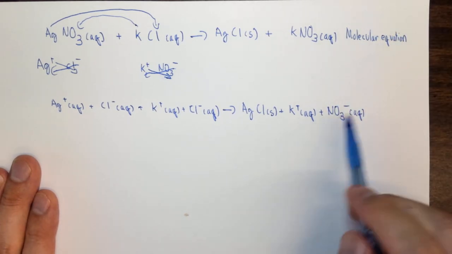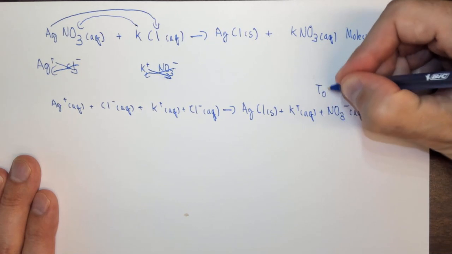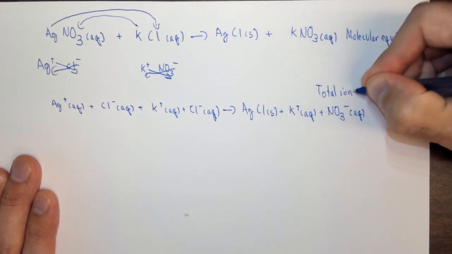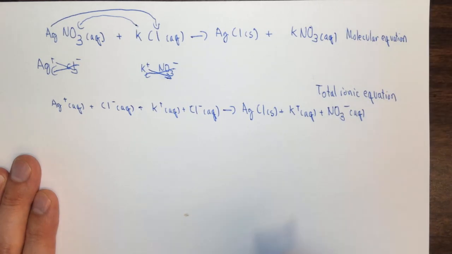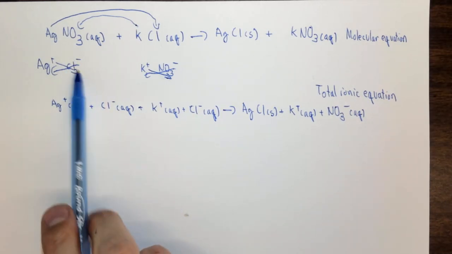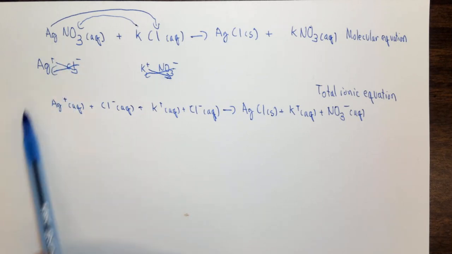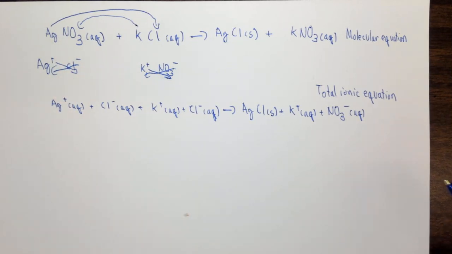And this is called the total ionic equation. In the total ionic equation, we break up all of the ions that are aqueous into their component ions.